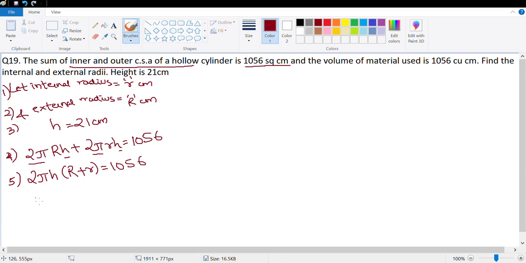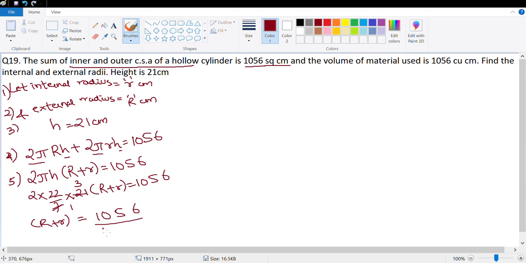Let's substitute values, which means 2 into 22 upon 7 into h, which is 21, times (R plus r) is equal to 1056. 7 into 1, 7 into 3, which means R plus r would be equal to 1056 upon 2 into 22 into 3.